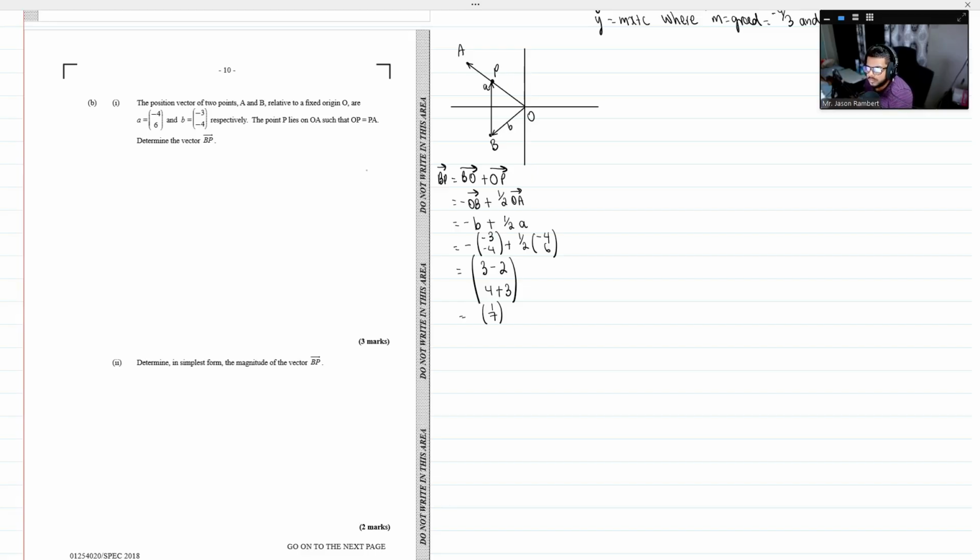Determine in its simplest form the magnitude of the vector BP. So the modulus of BP is equal to the square root of 1 squared plus 7 squared. You can do this one mentally, it is the square root of 50. Simplify down. This is the square root of 25 by the square root of 2, which is 5 root 2 units.